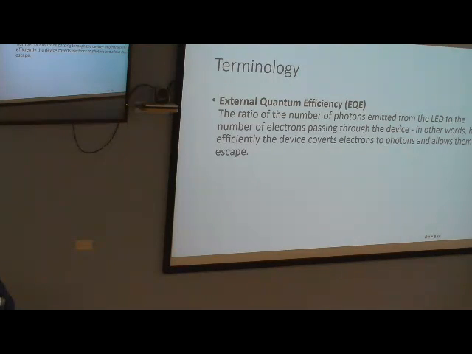So a couple words I'll throw out a couple times too is external quantum efficiency. To put it bluntly, it's just how efficiently the device converts the electrons to photons and allows them to escape. In other words, how an LED works.